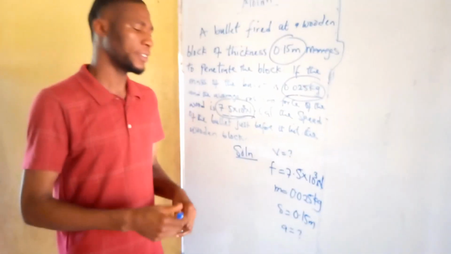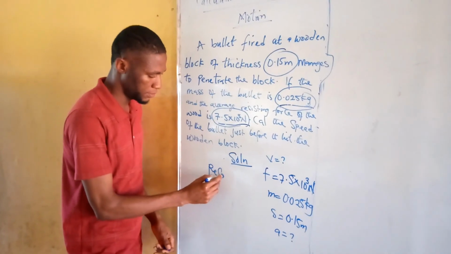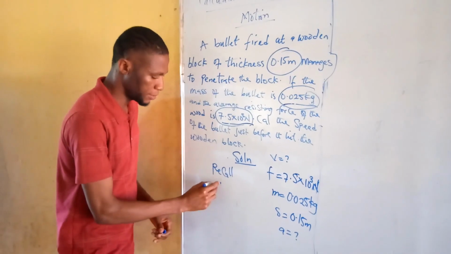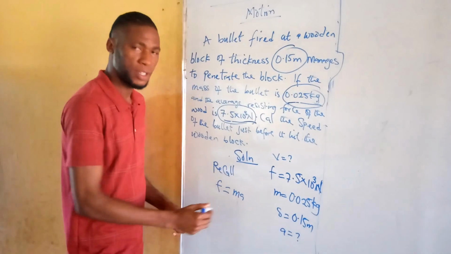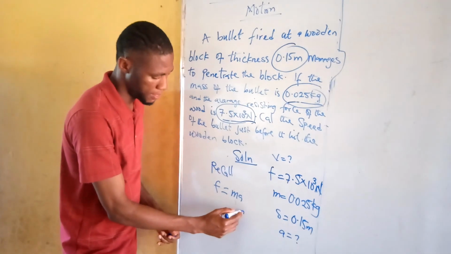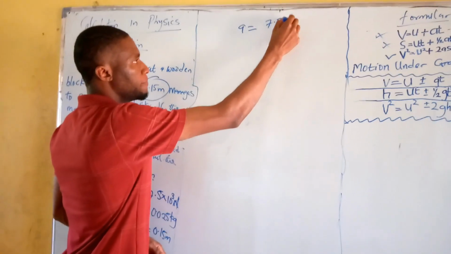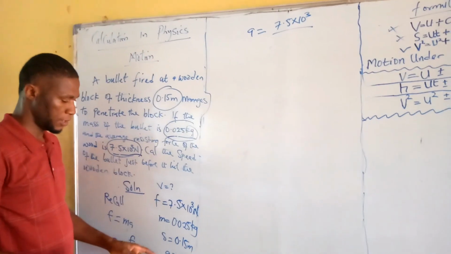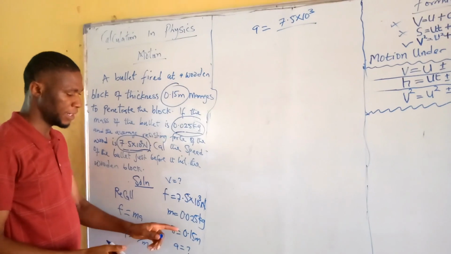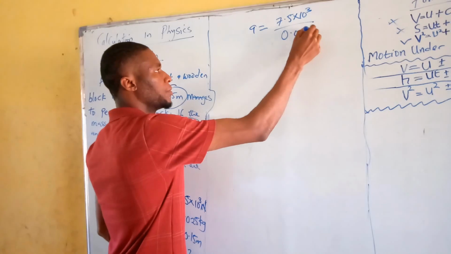So calculating the acceleration, we know that force is equal to mass times acceleration, so a is equal to the force over the mass, which is given as 0.025.